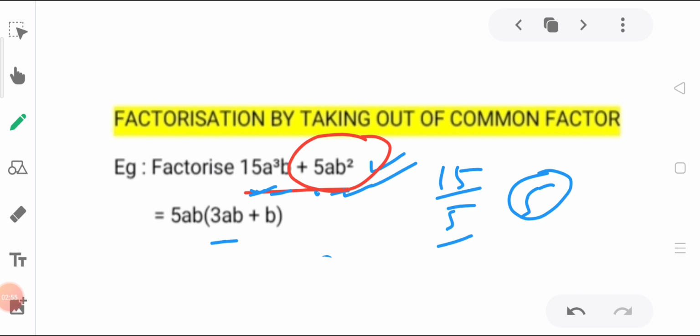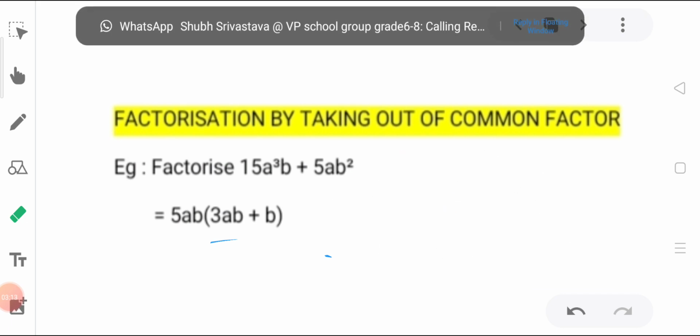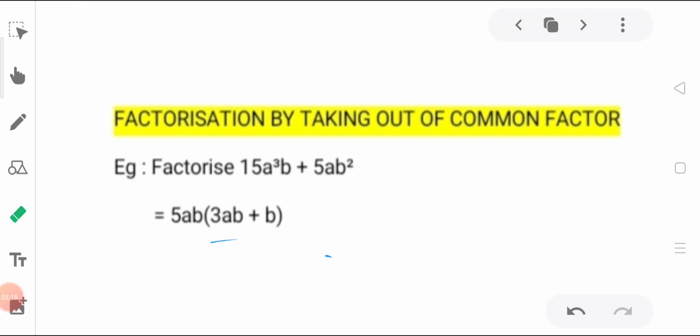Here we are taking out 5 as a common factor. So 5 divided by 5 is 1. So 1 shouldn't be written before b, right? And now we are talking about ab.